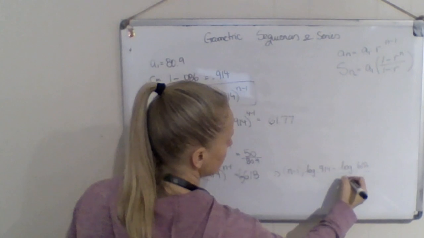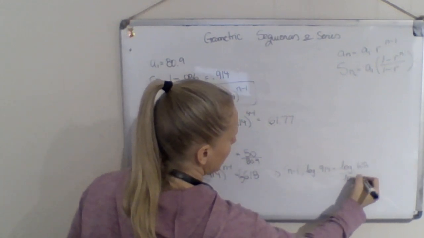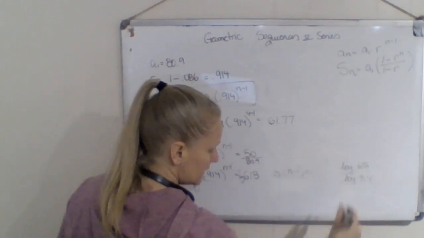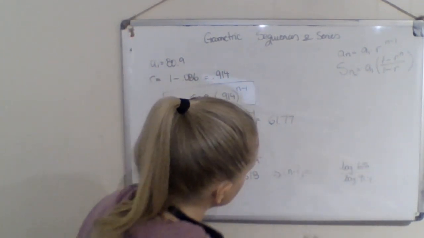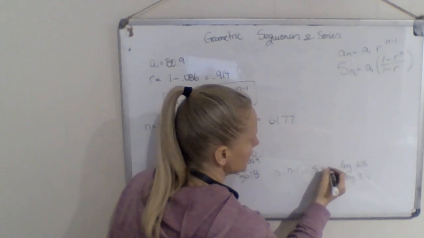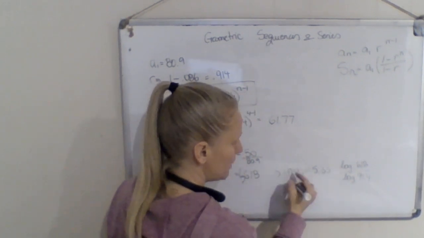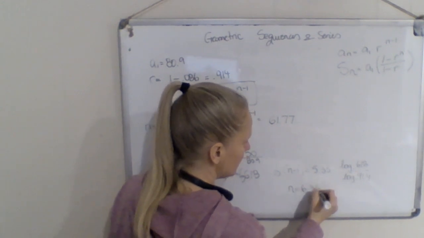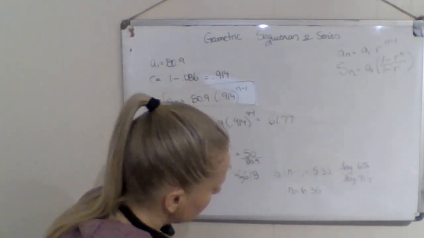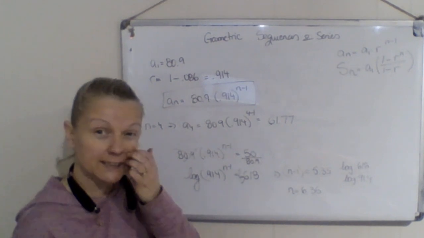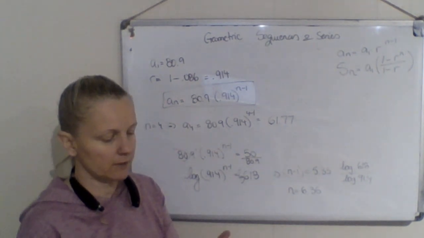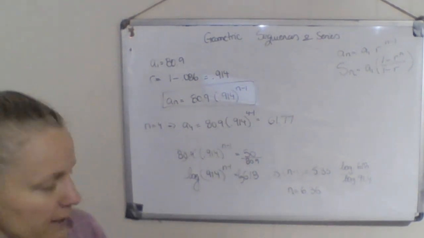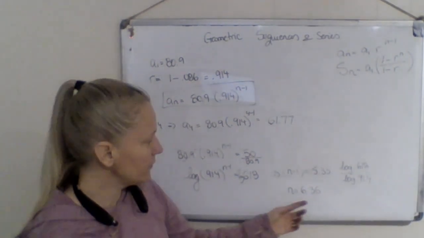Then all I have to do is divide by log 0.914, and that division becomes 5.35. I'm plussing my 1 to the other side, and it equals 6.35. So in about 6 years later, from 1990, 90, 91, 92, 93, 94, 95, in 1995, about that time, your bill is 50 or below. That's how you found it out.